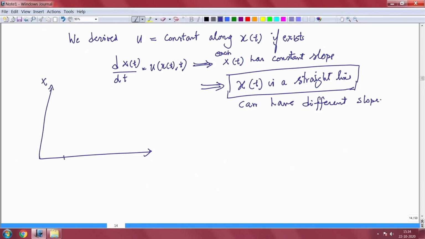So if you have an initial value here, and if you have a characteristic here, the slope of the characteristic is given by dx/dt equal to u, which is constant along this curve.